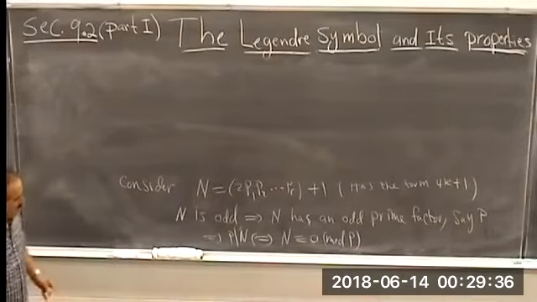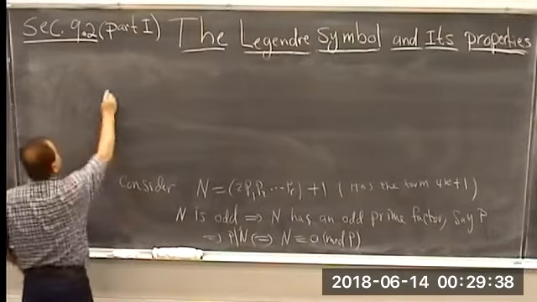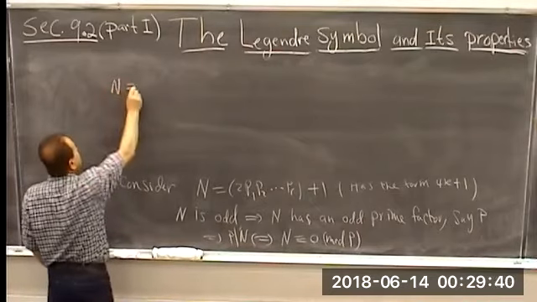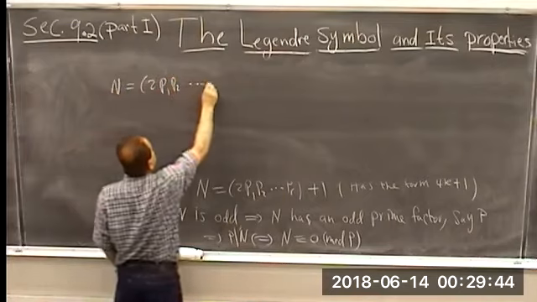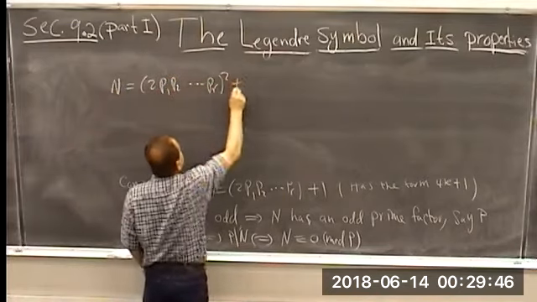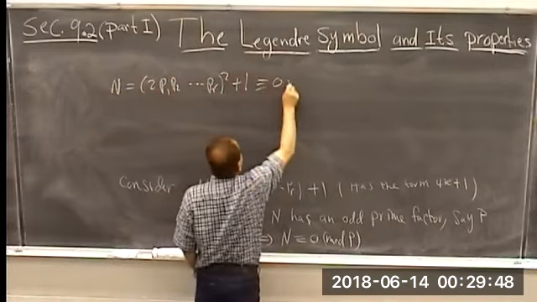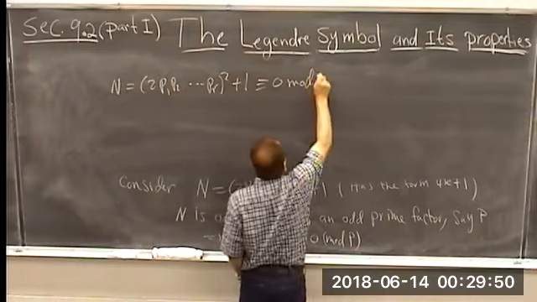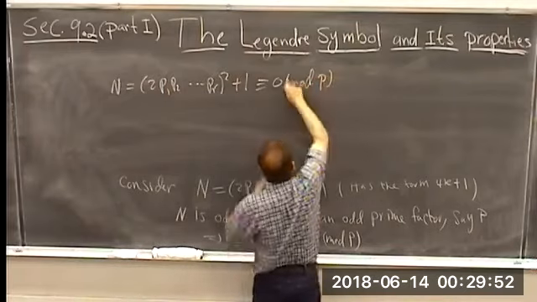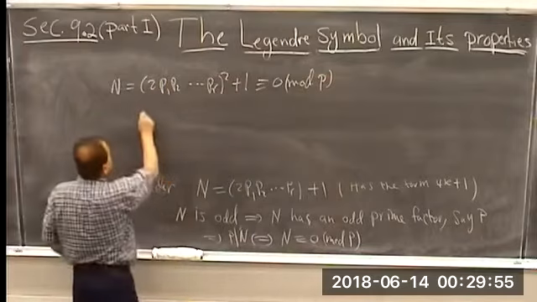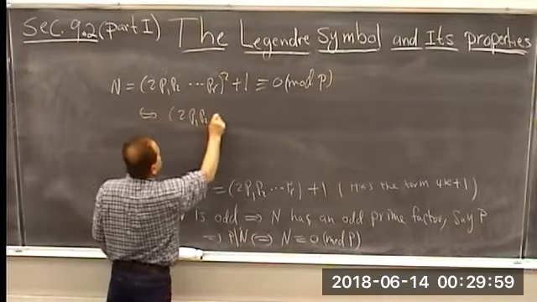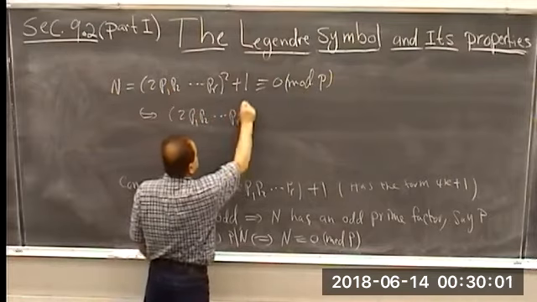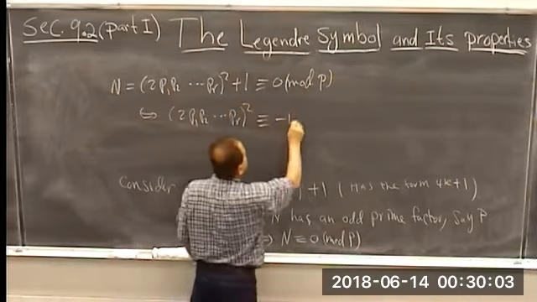This is equivalent to (p1 p2 up to p sub r) squared plus 1 congruent to 0 mod p, or equivalently (p1 p2 up to p sub r) squared is congruent to negative 1 mod p.